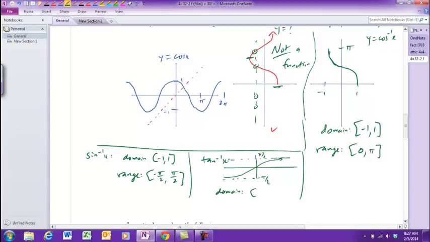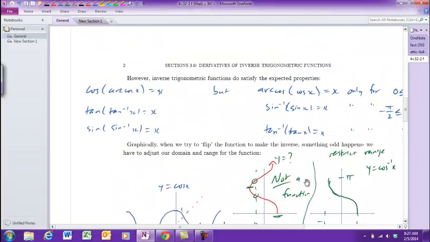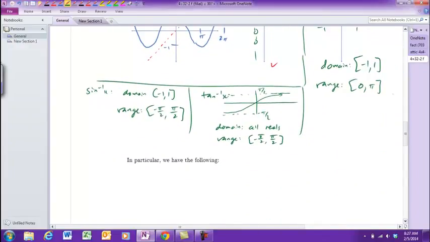The domain of that one is all reals, and the range is negative pi over 2 to pi over 2. And these are the same values that I was getting up here for the places where the inverse function worked the other way.